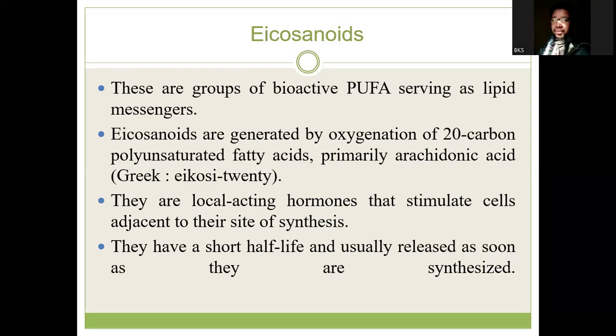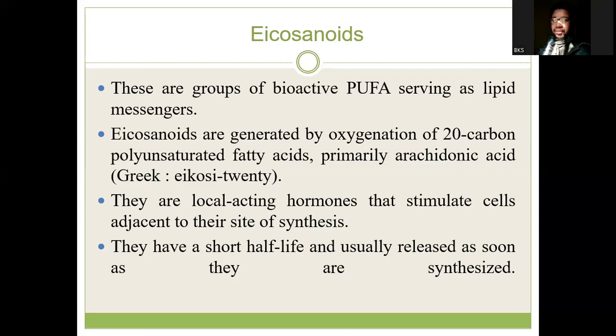Usually, the precursor in the formation of eicosanoids is a 20 carbon fatty acid called arachidonic acid. That is why the word eicosanoid, from the Greek word, means 20. So it's derived from the 20 carbon fatty acid called arachidonic acid.